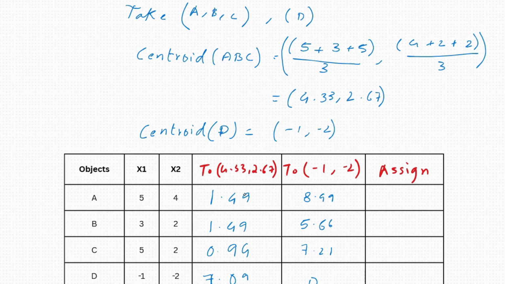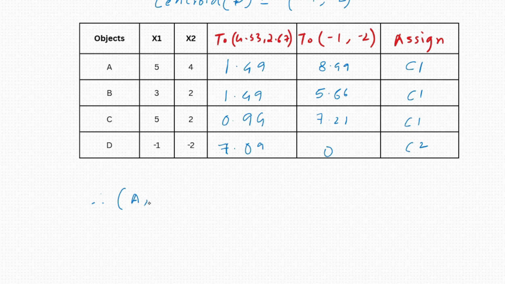From these two distances, centroid 1 distance is less, so we consider C1, and from these two again C1 is less, and from these two C1 is only less, and from these two C2 is less. Therefore A, B, C and D are the 2 clusters.